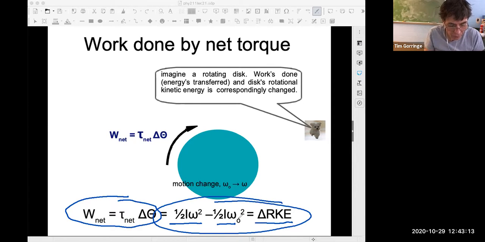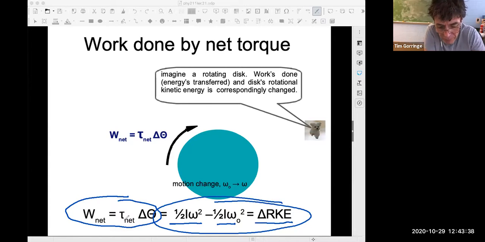So not only does this understanding of the rotational motion and energy transfer mirror the understanding of energy transfer and energy in translational motion, but all of these equations are parallels of one another.